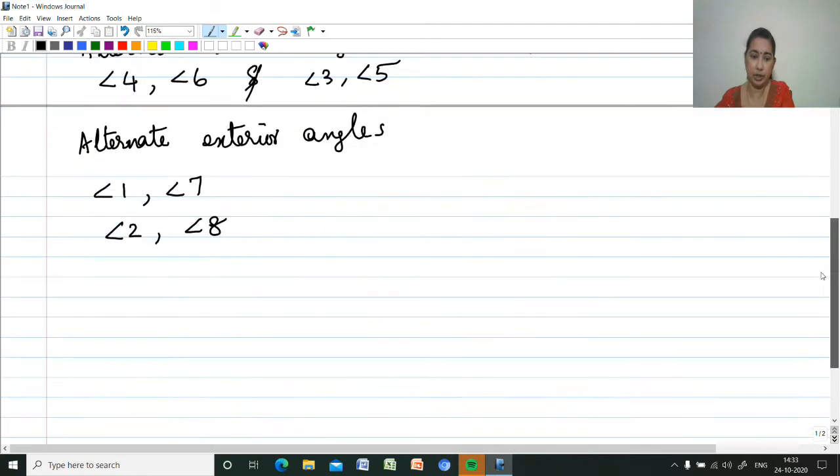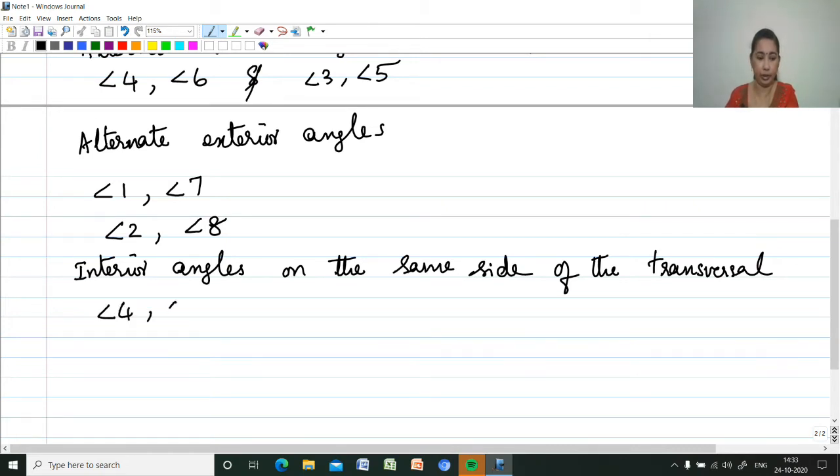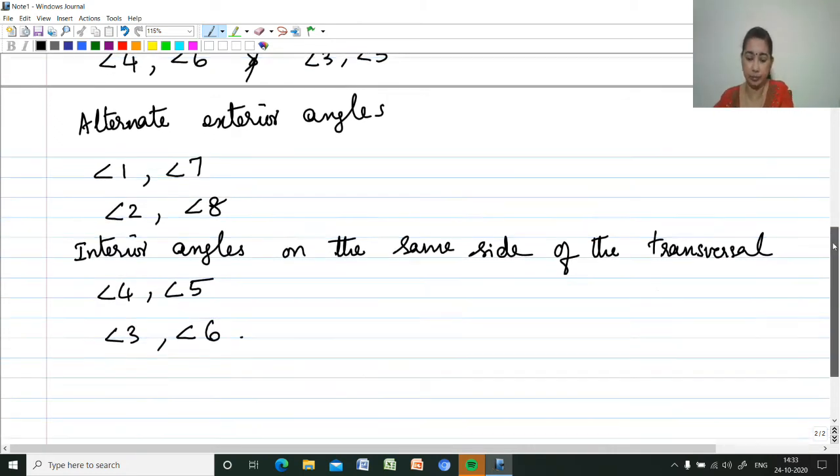So, interior angles on the same side of the transversal are angle 4 and angle 5, and angle 3 and angle 6.